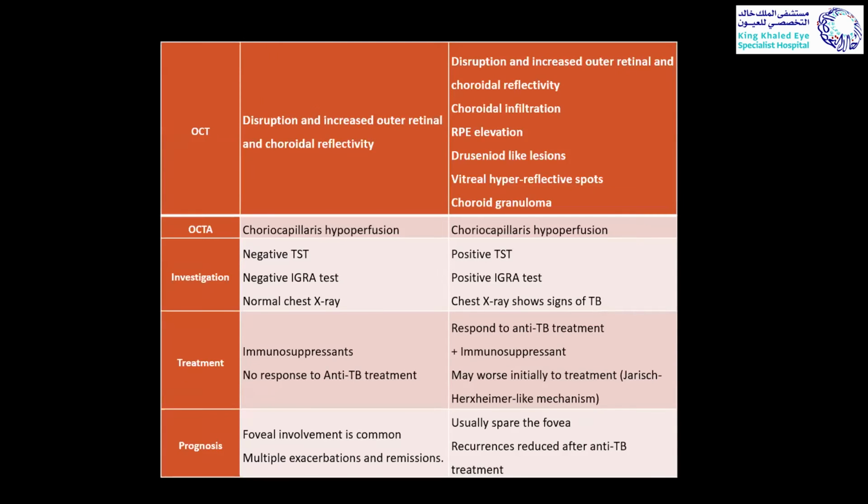The OCT is very characteristic in serpiginous-like choroiditis associated with TB. It shows the disruption and increase of outer retinal reflectivity, and you will see also some increase in the choroidal reflectivity, choroidal infiltration. Sometimes you will see RPE elevation, drusenoid-like deposits under the retina or under the RPE, vitreal hyperreflective spots, and choroidal granulomas.